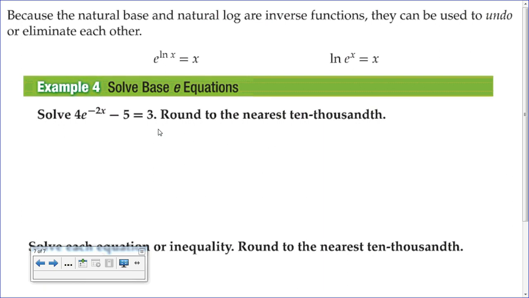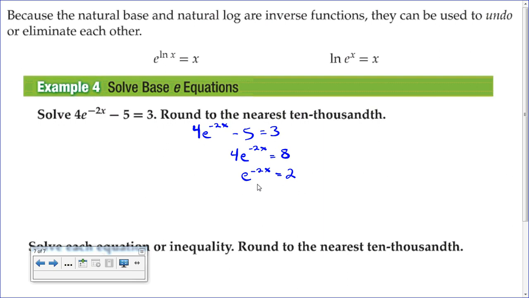Step one on this equation: I have 4e to the negative 2x power minus 5 equals 3. I'm going to move the 5 over, so I'm adding 5 to both sides. 4e to the negative 2x power equals 3 plus 5, which is 8. I'm going to divide off that 4. e to the negative 2x power is equal to 8 divided by 4.